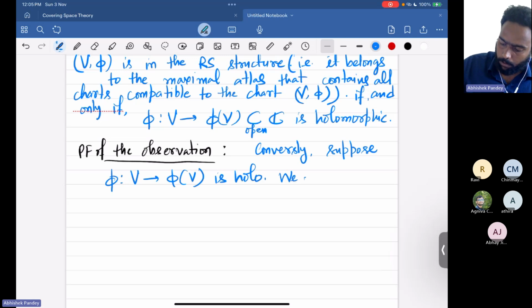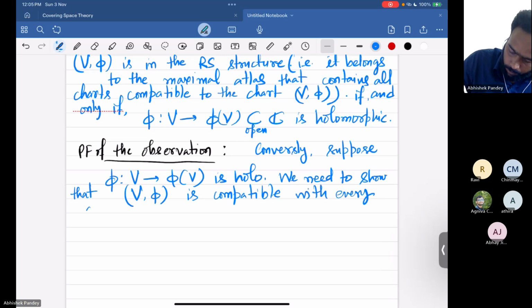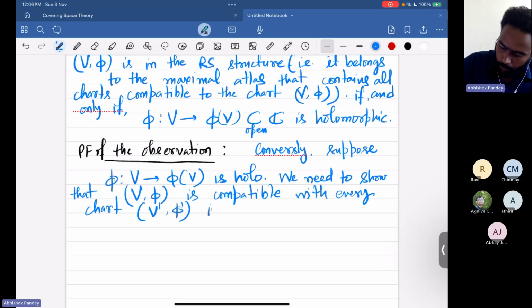We need to show that p comma phi, this chart, is compatible with every chart, let us say p dash comma phi dash, in the maximal atlas for x.